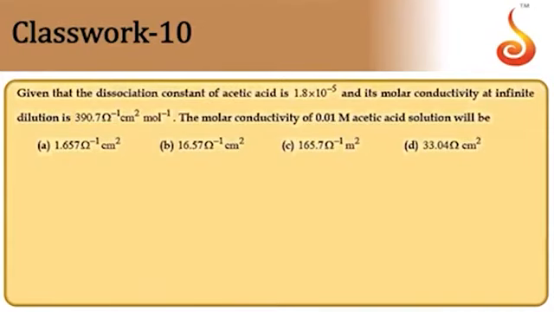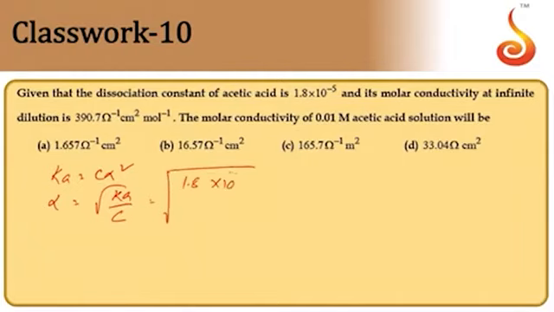Now we know that Ka is equal to C alpha square, and therefore alpha is equal to square root of Ka by C, which is equal to square root of 1.8 into 10 to the power of minus 5 by the value of C, 0.01. And alpha is also equal to lambda molar by lambda naught molar.